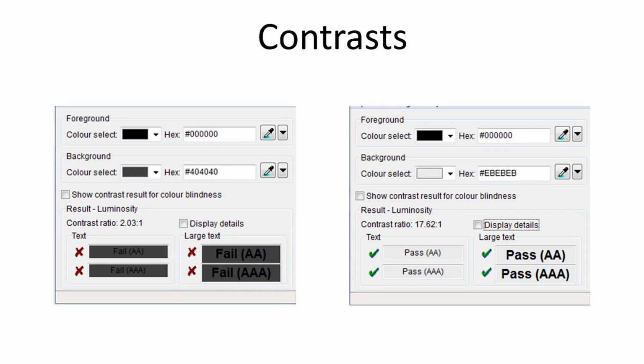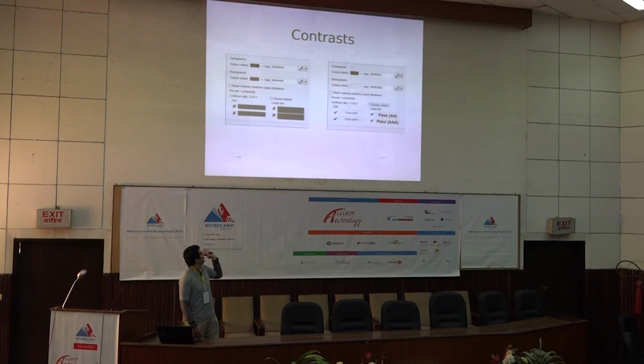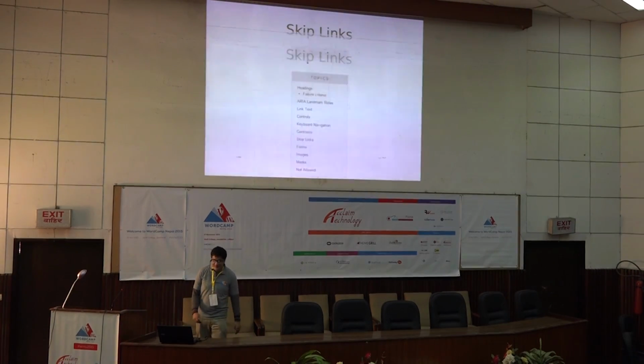So if the contrast level is maintained, it is accessible to everyone. So in the first example, I chose something that is not seen in the presentation, that fails, and the one that is seen in the presentation passes because the contrast level is maintained here. So this type of text will help people to easily use your system.